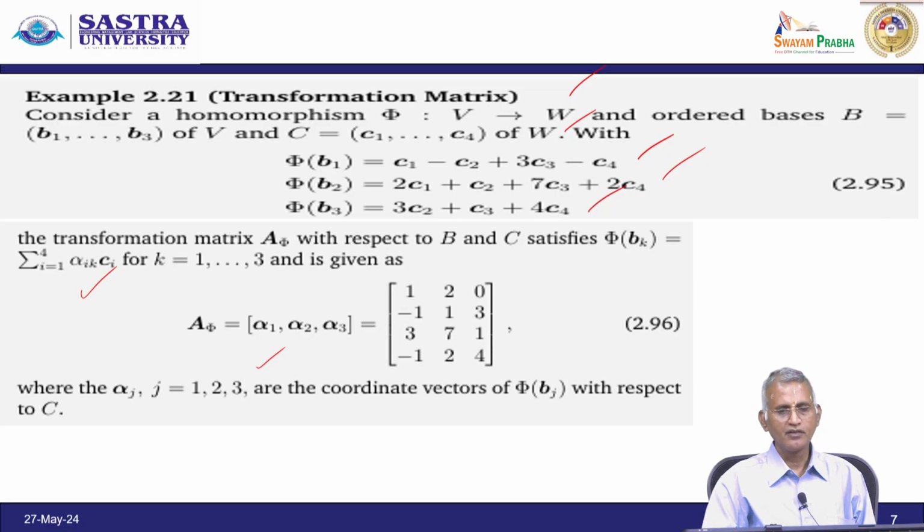We have a representation of the matrix, that is, phi of b1 with the corresponding entries 1, 2, 0, and then we have minus 1, 1, 3, and 3, 7, 1, and then minus 1, 2 and then 4. So, these are the coefficients of c1, c2, c3 of the respective equations from 2.95, where alpha j, where j varies from 1, 2, 3, is the coordinate vector of phi of bj with respect to C.